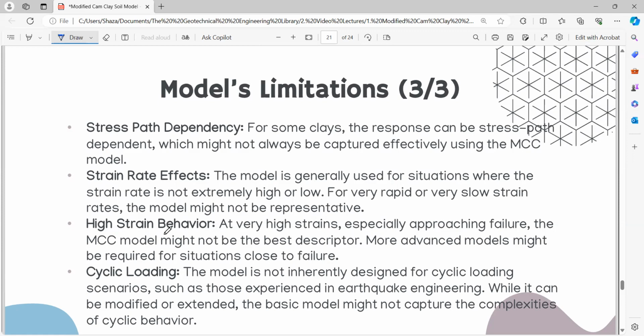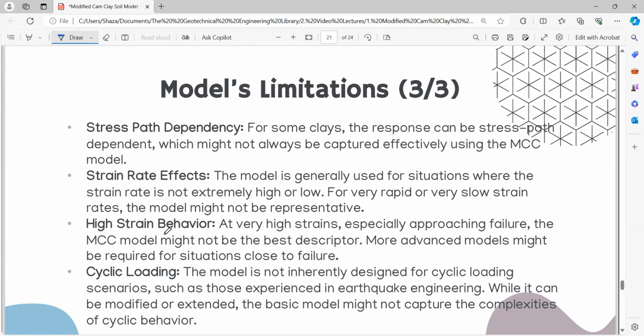Regarding strain rate effects, you have to know that this model is mainly used in situations where the strain rate is not very high or not very low. That means it's not used in extreme strains.